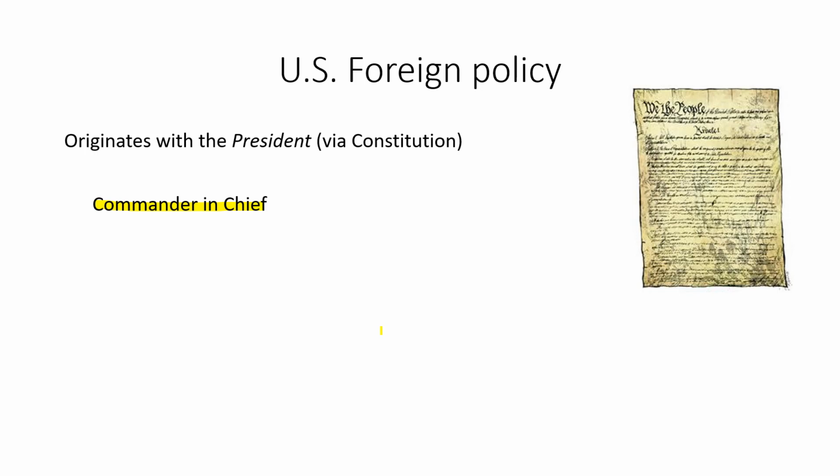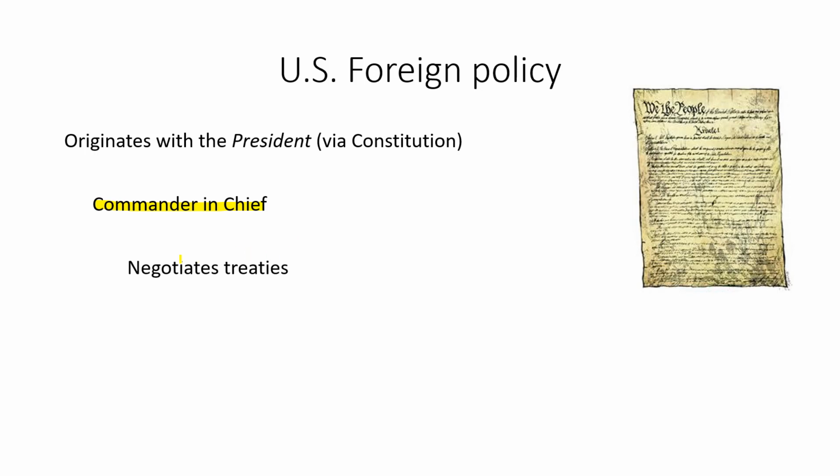Now, we'll talk about some of the problems with that here in a few minutes, but that is in the Constitution, that the president is in charge of the military. We have a civilian control of the military, so the president has to have some power and decision-making with respect to that right off the bat.